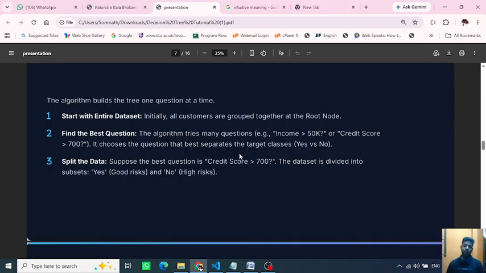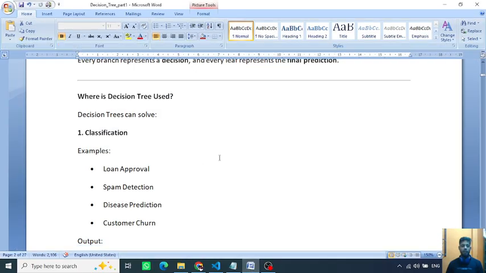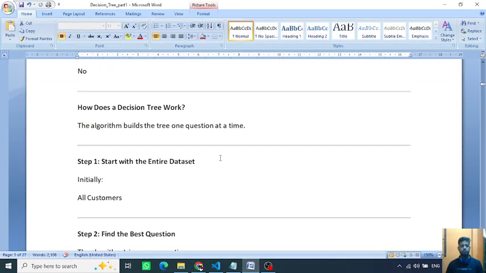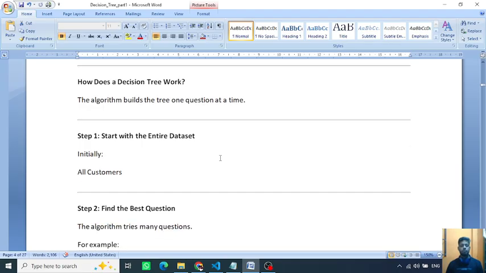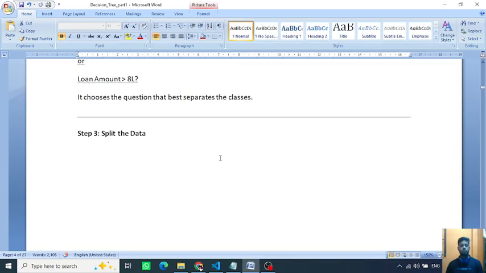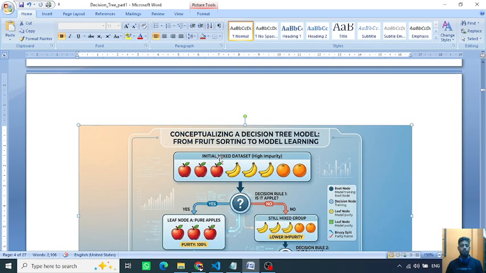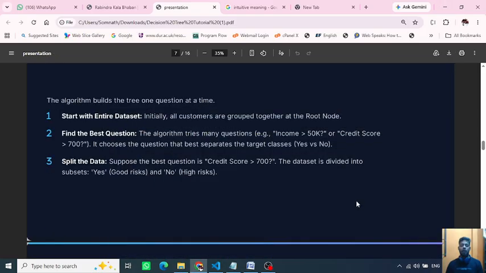I'll explain the algorithm used by the decision tree to find the best question later.